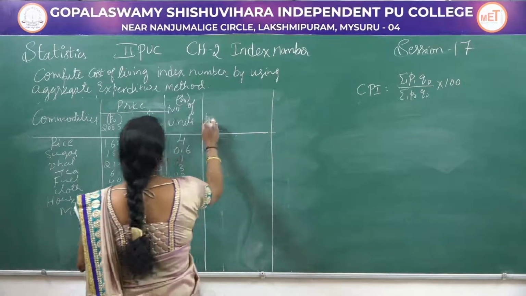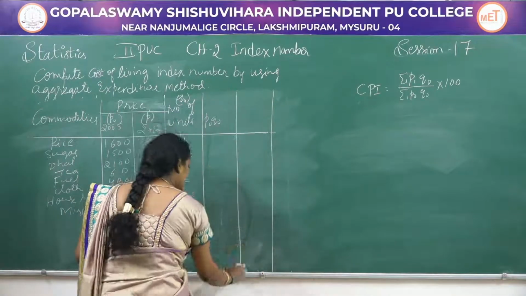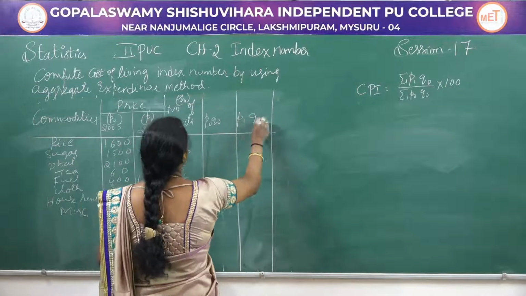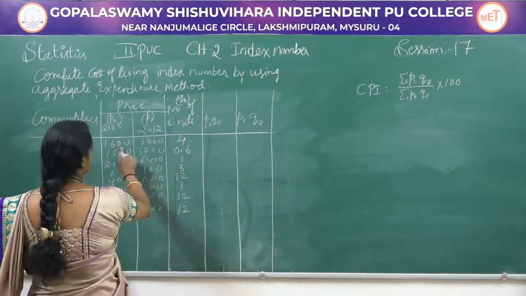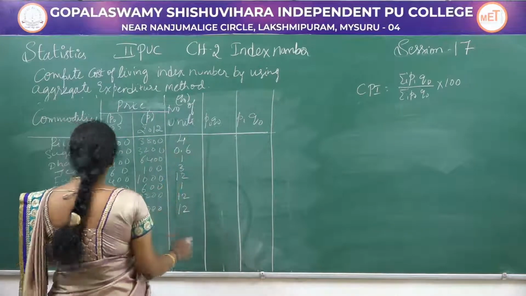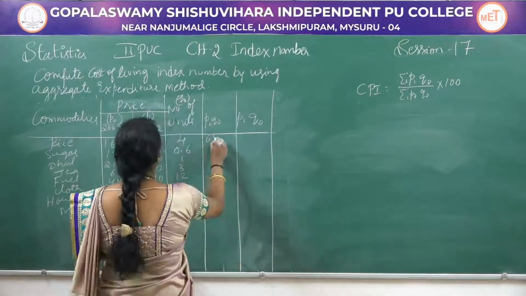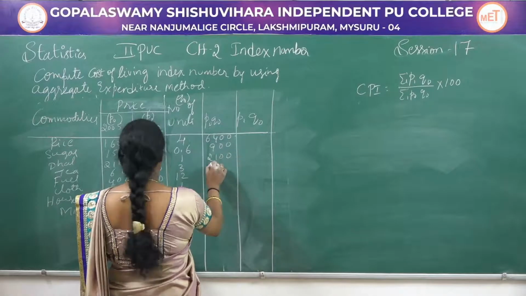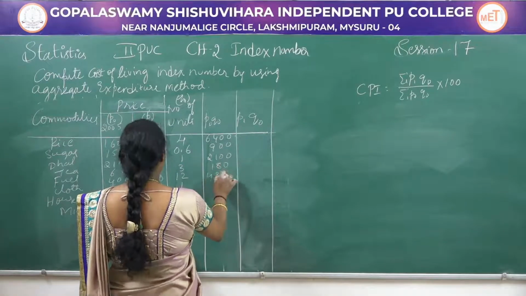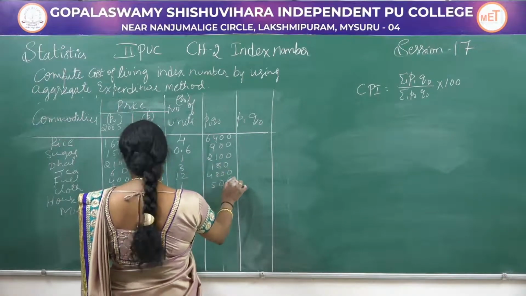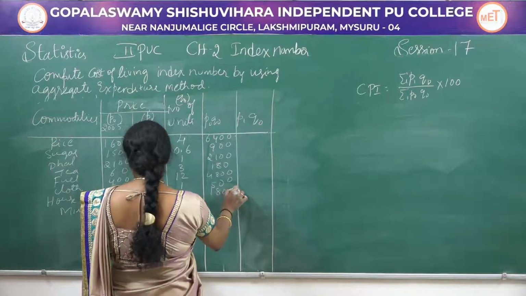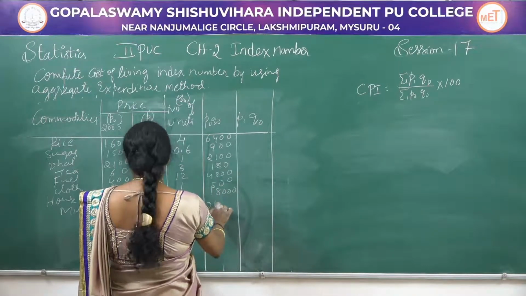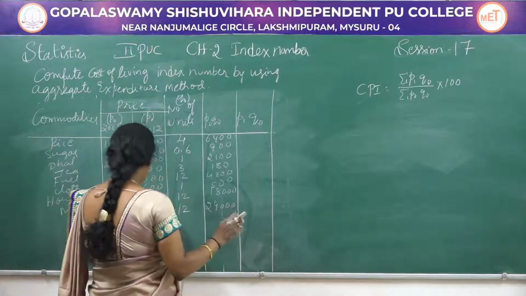P0 Q0 values are 900, 2100, 180, 4800, 500, 1800, 24000.